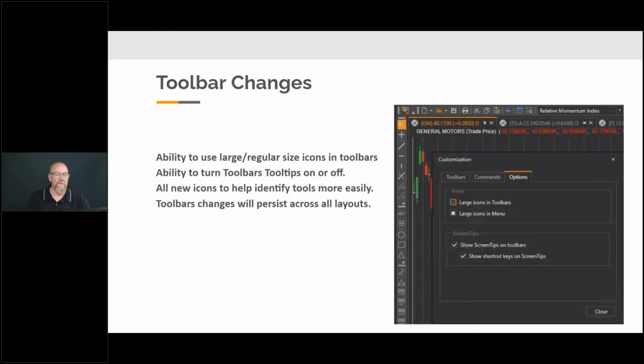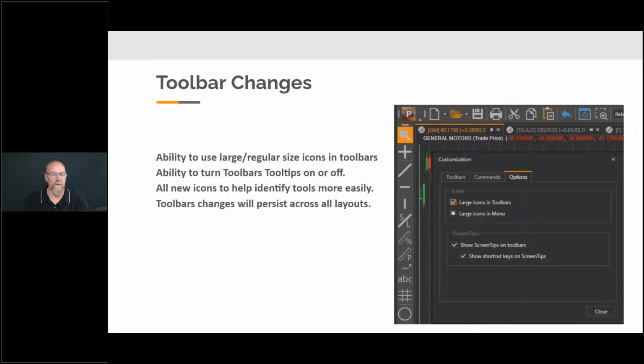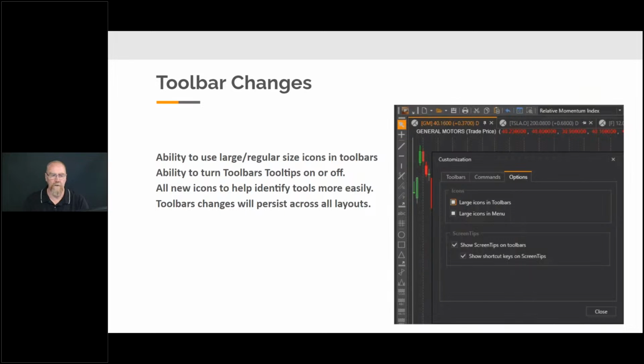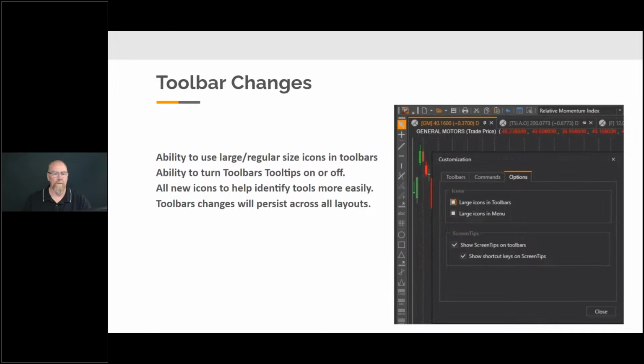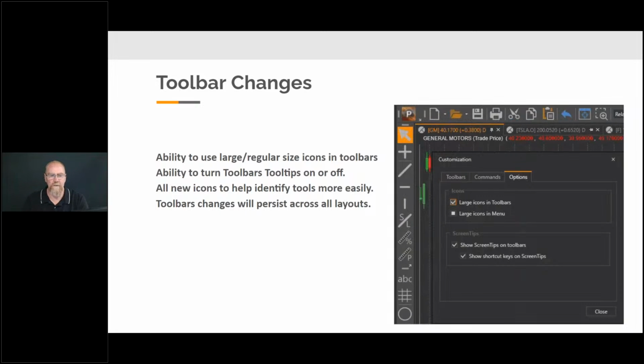The toolbars, this is something that's really nice. Everybody's monitor and window settings are different and unique, as well as our own ability to see things on our screen. You can see the changes that are taking place in this little demonstration, that the toolbar buttons are becoming larger so you can see them better.